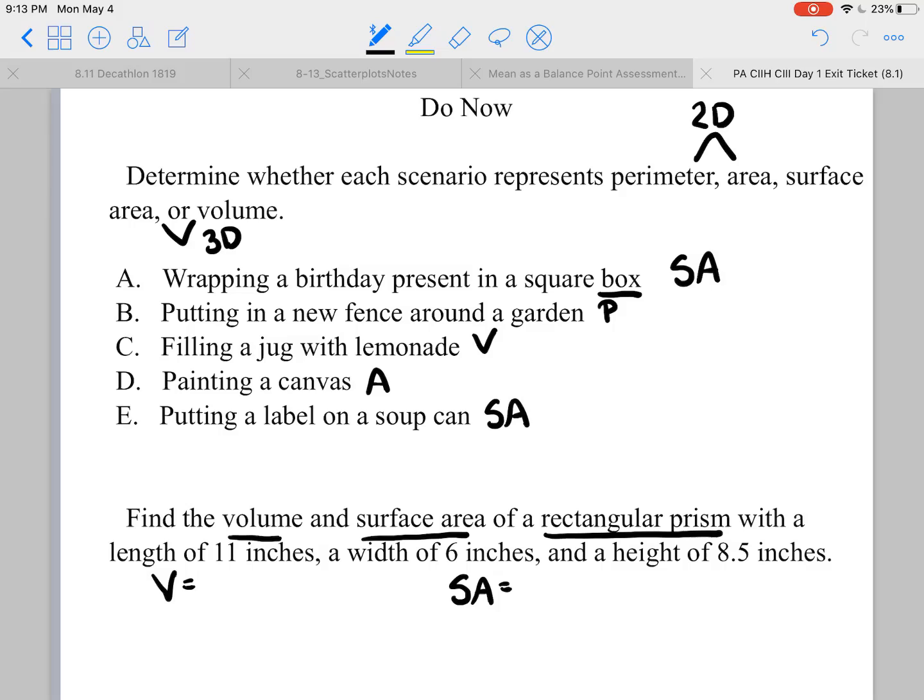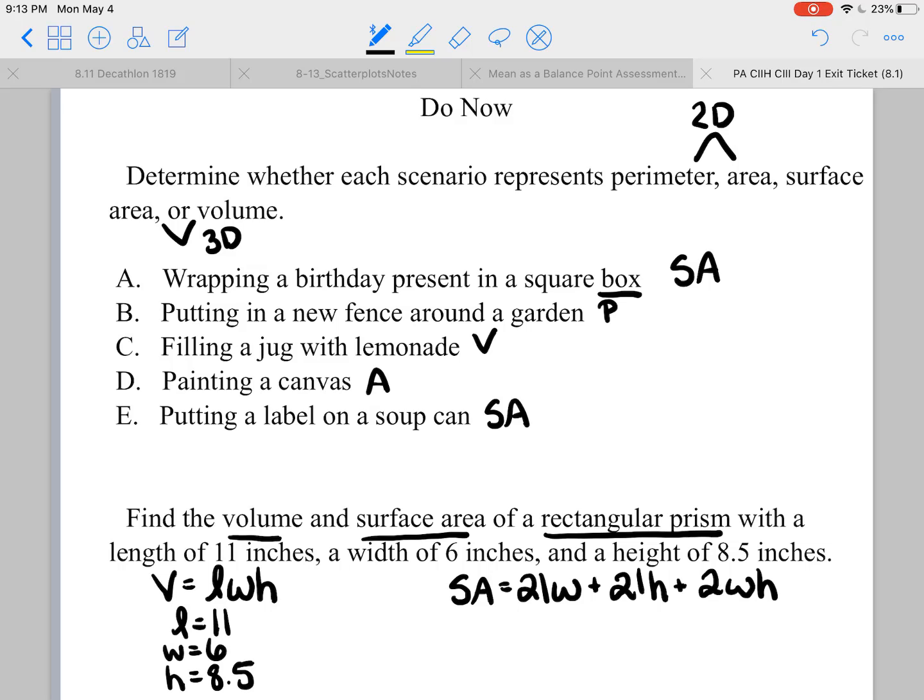Well, the volume of a rectangular prism is LWH, and the surface area is 2LW plus 2LH plus 2WH. We define our variables through the rest of the information. L is equal to 11, W is equal to 6, and H is equal to 8.5. And that information is the same for both the volume and the surface area, so I'm not going to write it twice.